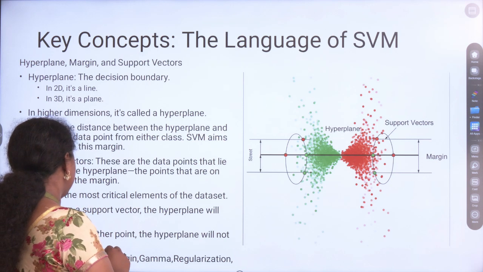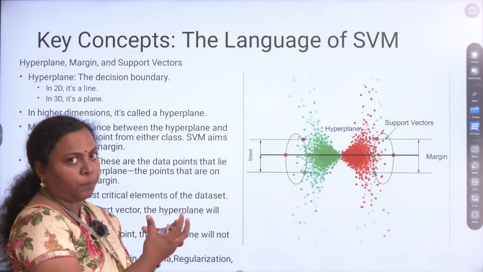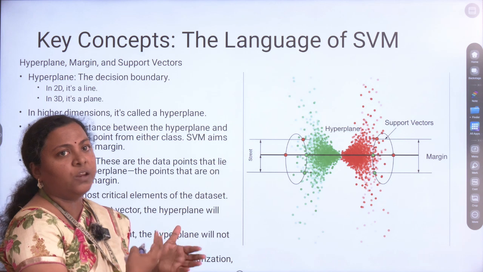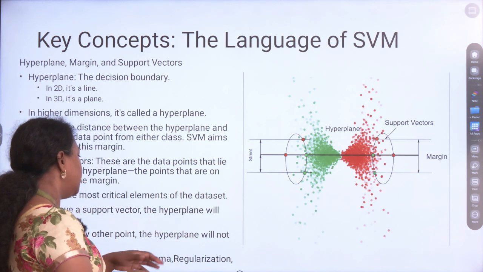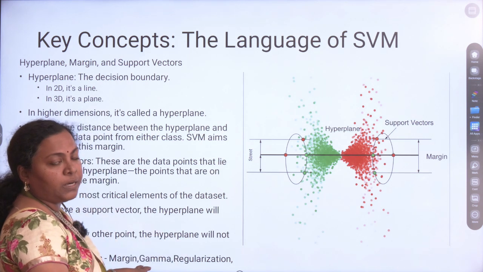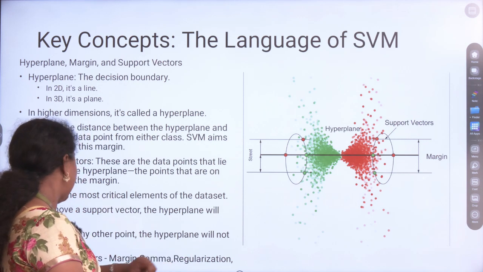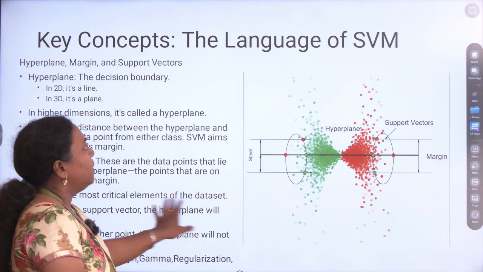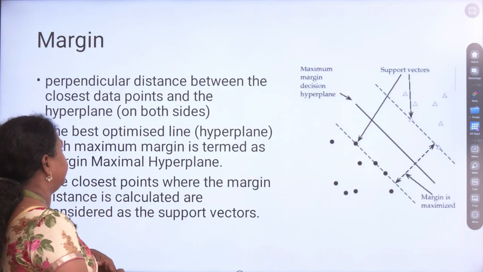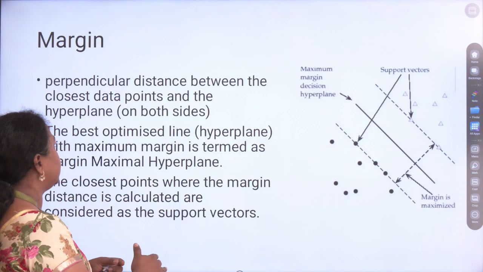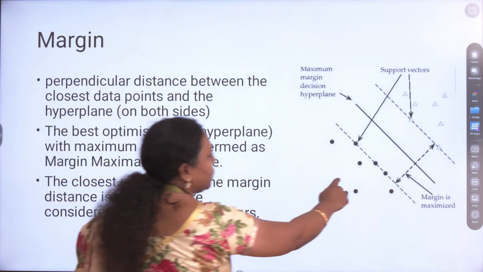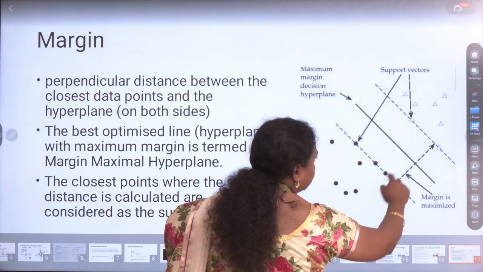In order to achieve an optimal one, we need tuning parameters. Some of the tuning parameters present here are margin, gamma, regularization and kernel. So what is a margin? Margin is the perpendicular distance to the closest points. Here, these are the closest points.